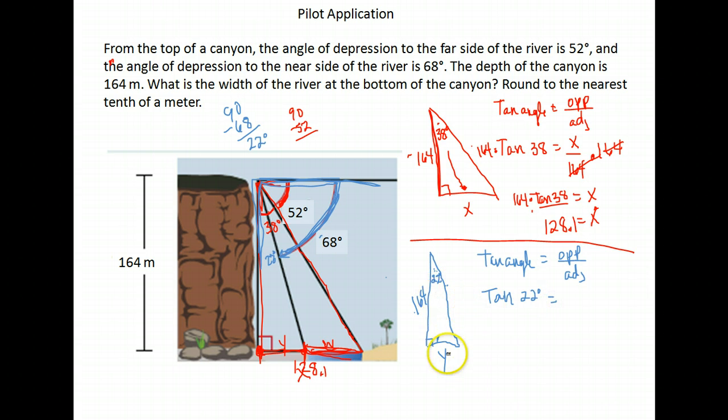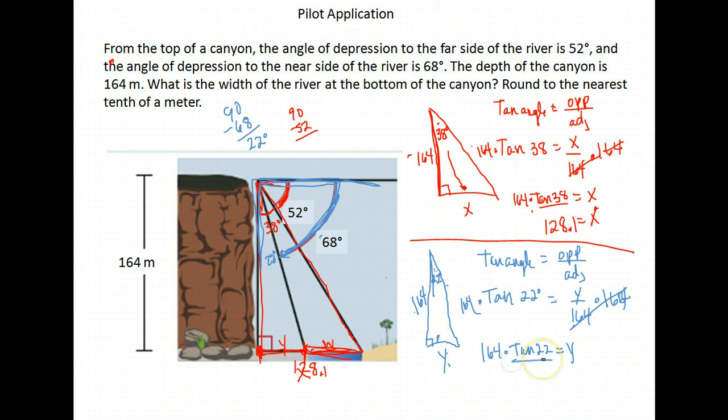The opposite leg is our y. The adjacent leg, the one touching the angle, is 164. So I have y over 164. I want to solve for y, so I'd have to multiply both sides by 164. And I get that y is 164 times the tangent of 22.